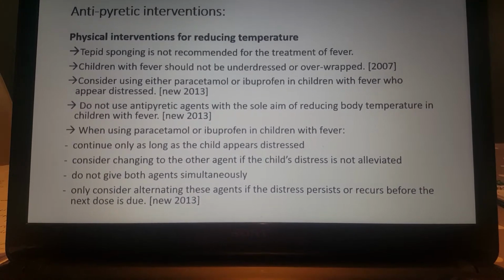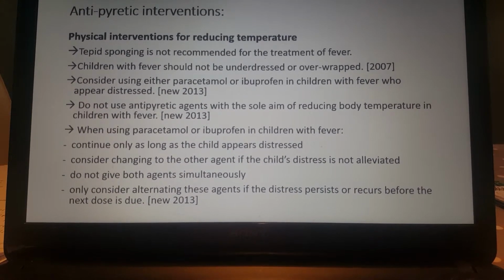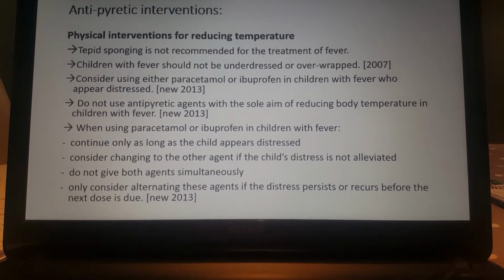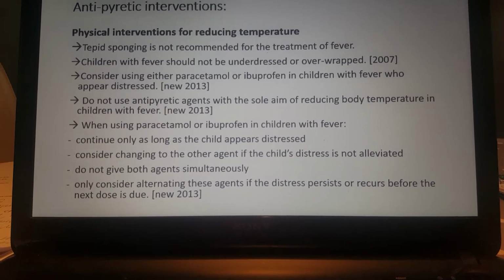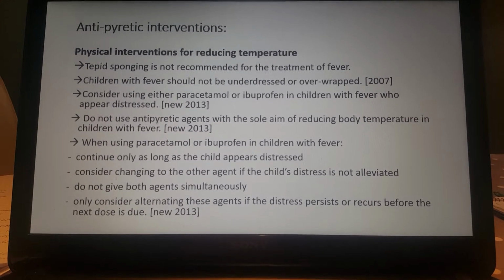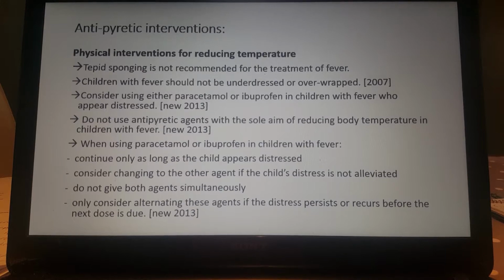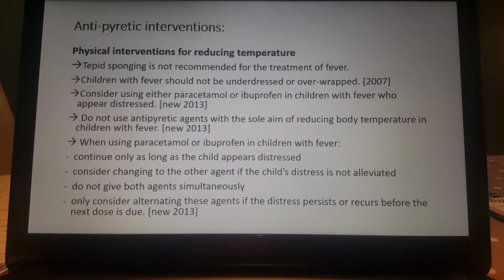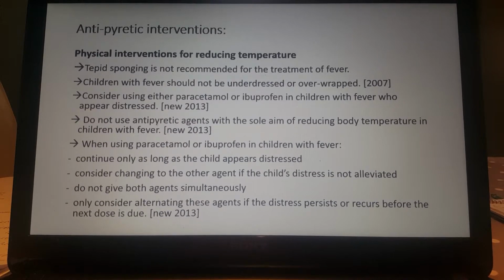It's all about relieving distress. These last three have been new to the guideline in 2013, and we should obviously only be using them as long as the child is distressed. Consider changing to another agent if the distress is not alleviated. Don't give them both simultaneously, and only consider alternating if the distress persists or recurs before the next dose is due.